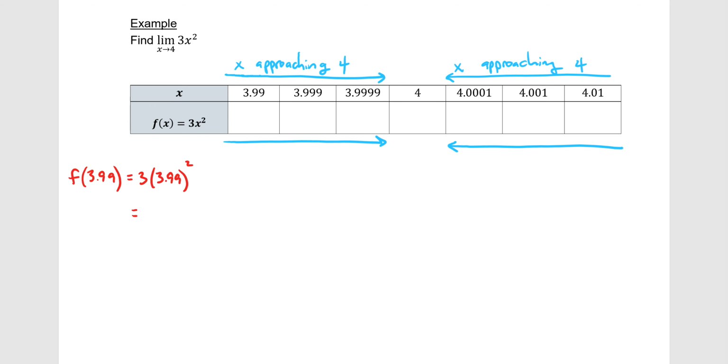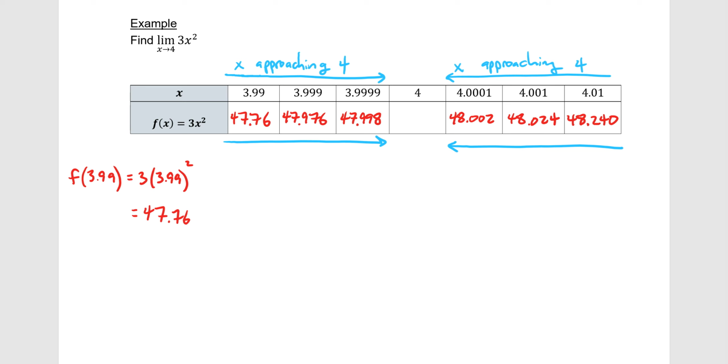For the first one here we get 47.76. So f of 3.99 is 47.76. You can do the same thing for all of them: you plug in the x values and evaluate the function. I'm just going to cheat, and I'm going to plug them in right now.